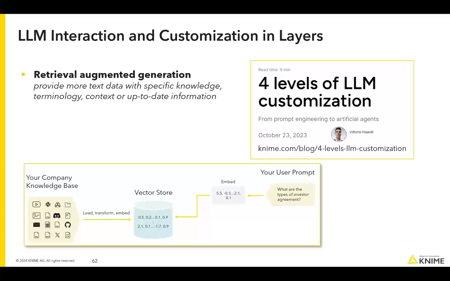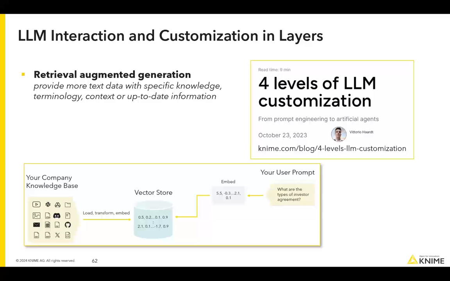On the other side, where we have the user, we can finally ask a specific question. In this example, we are asking what are the types of investor agreements. This is a very specific question for a specific domain.